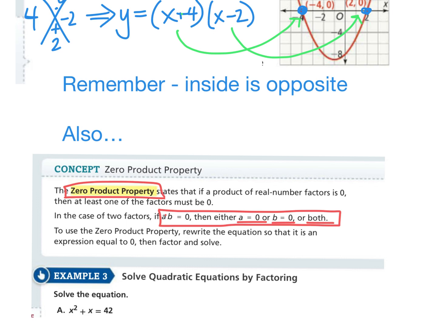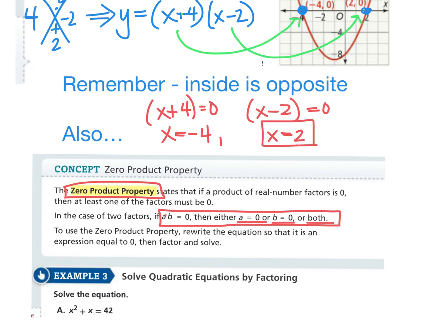So in this example above, either x plus 4 has to equal 0 if we're on the x-axis, or x minus 2 has to equal 0. Well, when I solve those, this gives me a solution of -4 when I move across the equal sign, and the other one gives me a solution of 2.